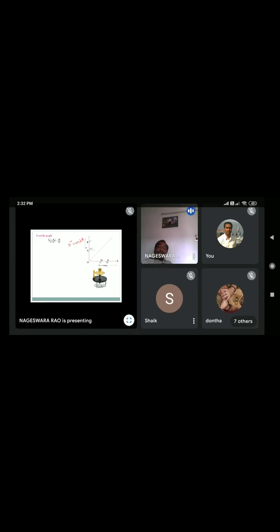So from this, what we have observed is that d square is proportional to n.